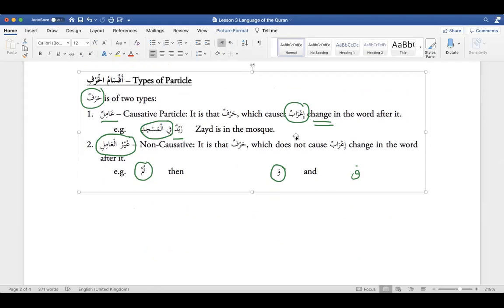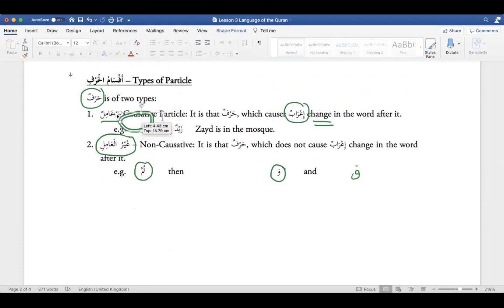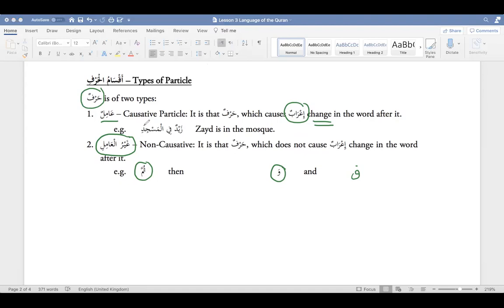For example, Zaydun fil masjidi. You can see there's a small kasra at the bottom of this dal.